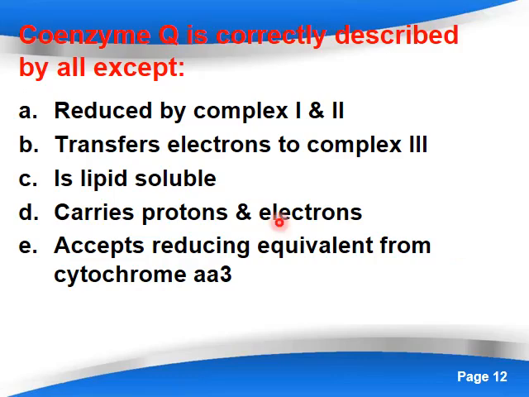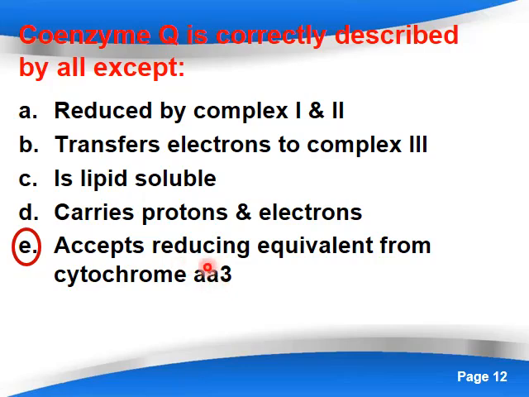All these are correct for CoQ except which one? Which of these is incorrect about CoQ? It accepts reducing equivalents from cytochrome A and A3.